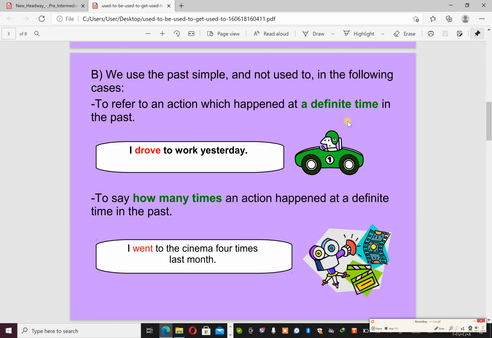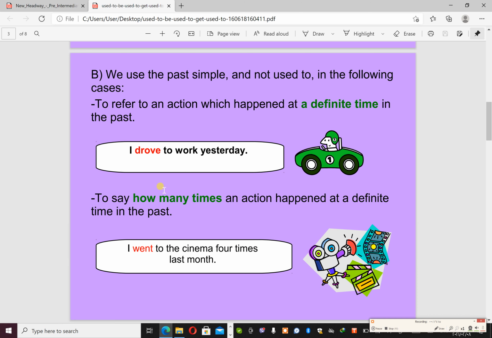If I say I drove to work yesterday، ما دام عندي yesterday ما أقدر أستخدم used to. But if I don't have a definite time، يصير أستخدم used to.